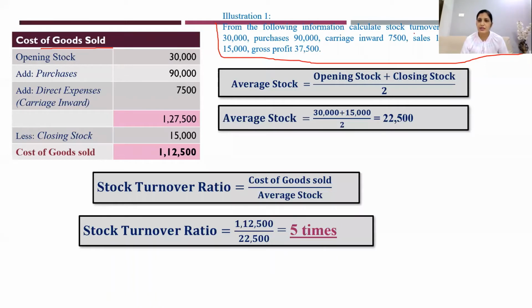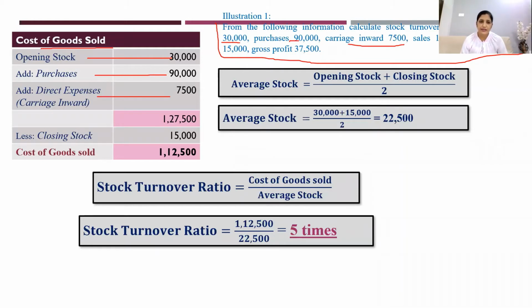So what information do we have? Opening stock is 30,000, right? This 30,000 I have taken here. Next, we are adding purchases, which is 90,000, so I am taking 90,000 here. Then we have carriage inward 7,500, so I am taking 7,500.